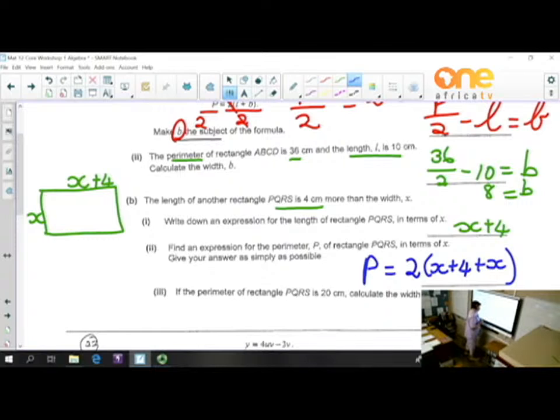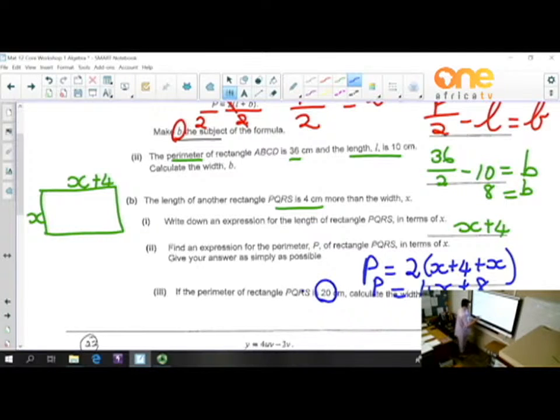And we'll have to simplify this a little bit. So the perimeter is x plus x is 2x times 2 is 4x plus 8. 4x plus 8.